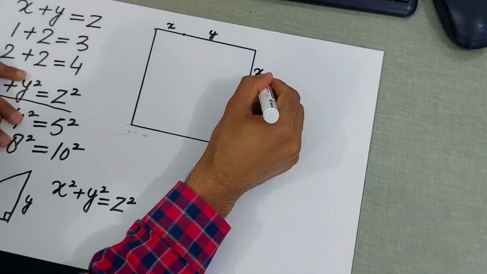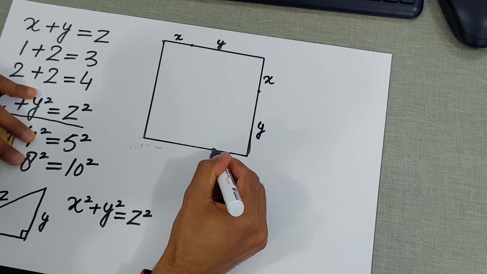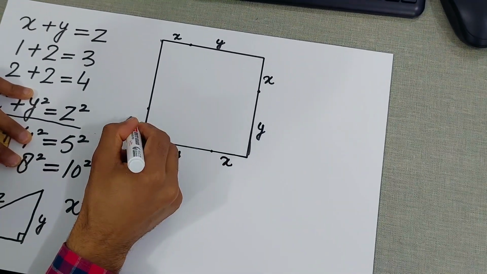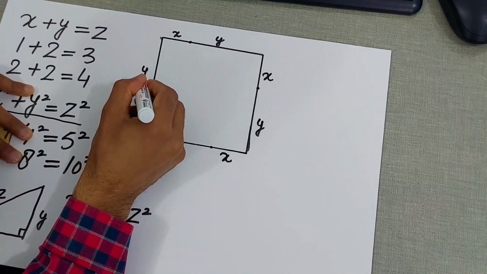Take this as x and this as y, this as x and this as y, this as x and this as y.